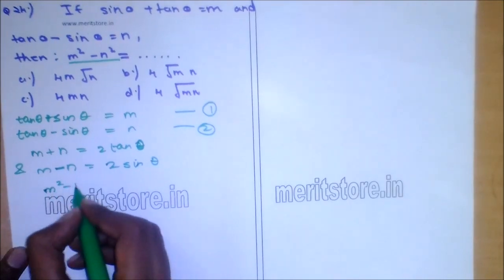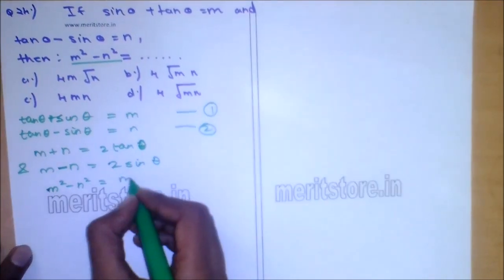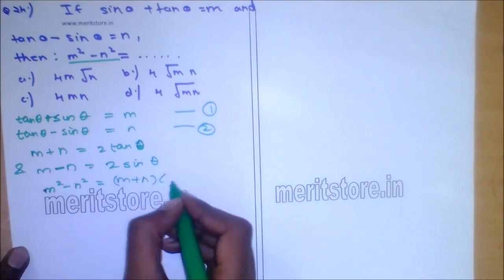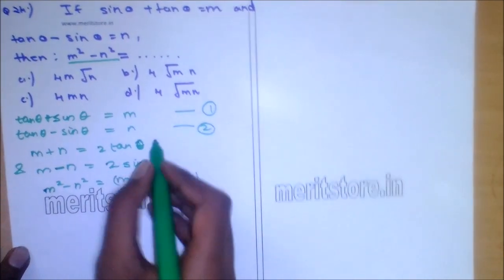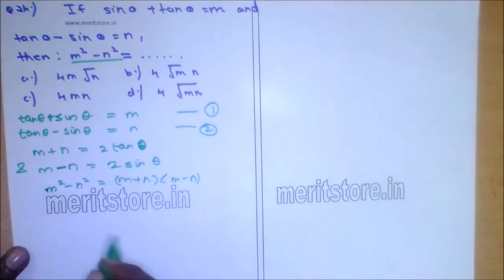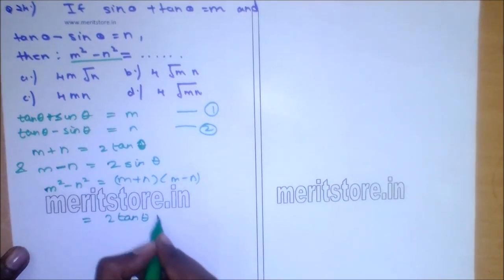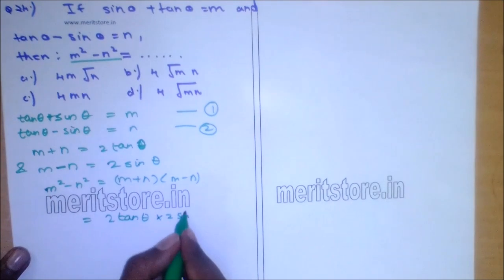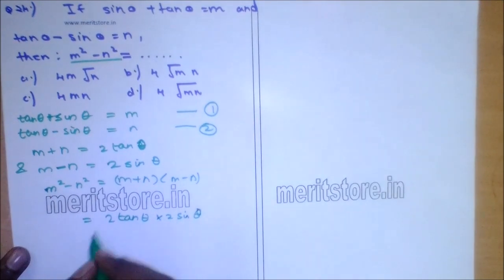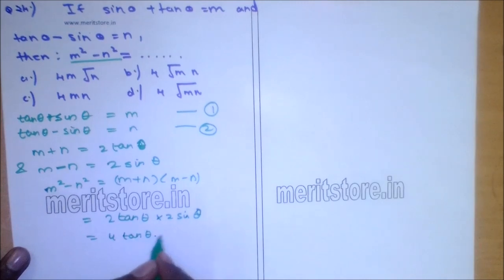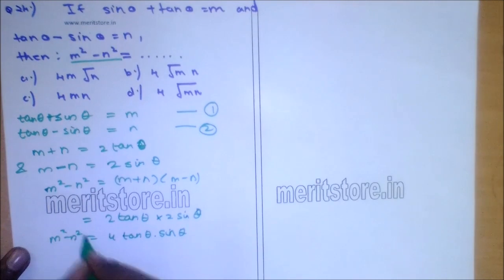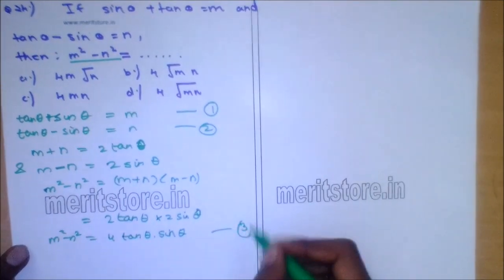So m square minus n square is m plus n into m minus n. So we substitute the values, that is 2 tan theta into 2 sin theta, that is 4 tan theta sin theta.